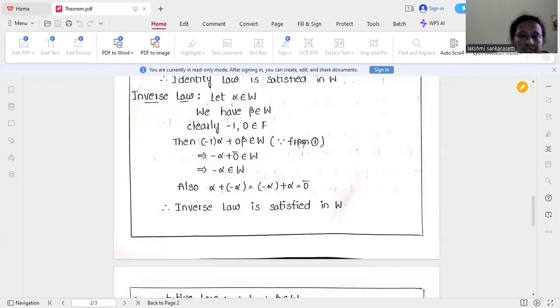Minus 1 into alpha is minus alpha, 0 into beta is 0 bar, belongs to W. Minus alpha plus 0 bar is nothing but minus alpha.